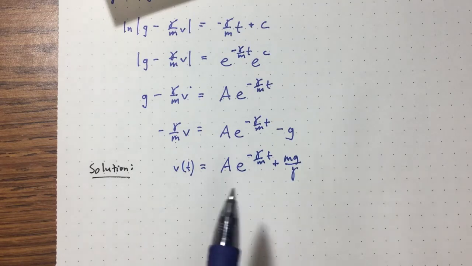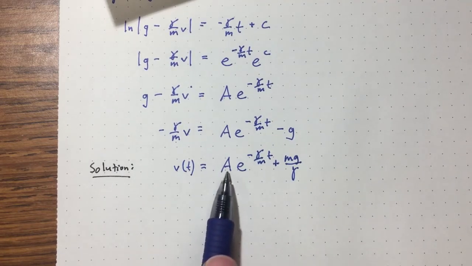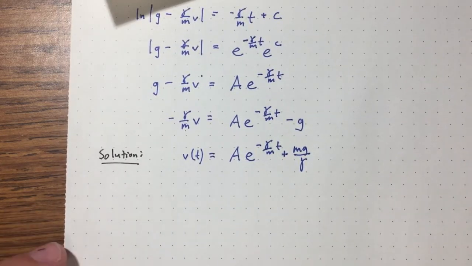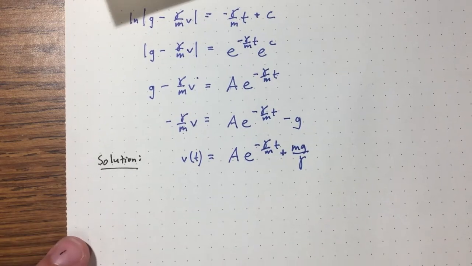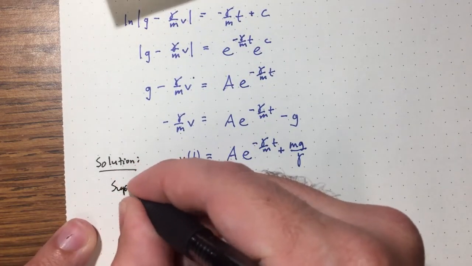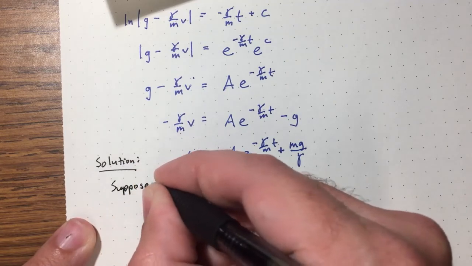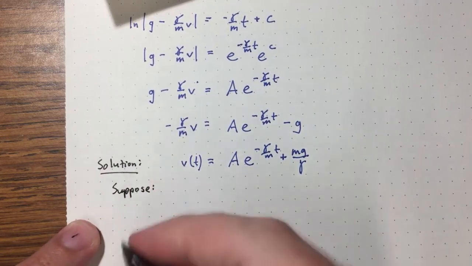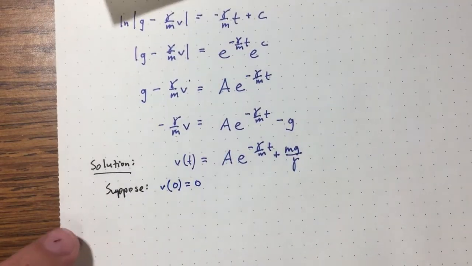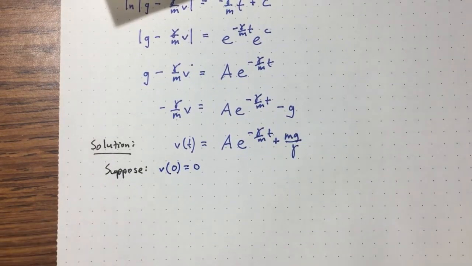We have this constant here, a. We don't really know what its meaning is. So let's try to pin down a value for a. Let's suppose that we're starting at rest. So suppose v of 0 equals 0. So we're just dropping the object from rest at time t.